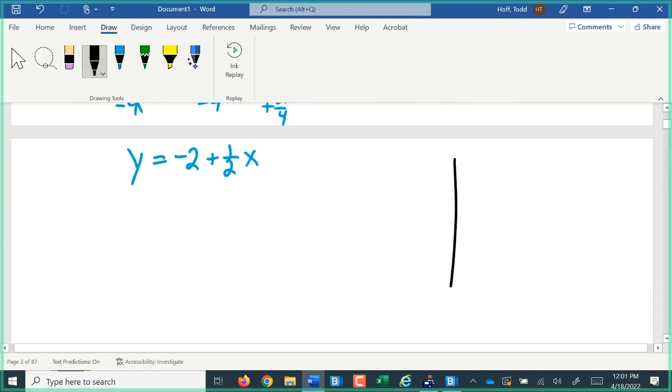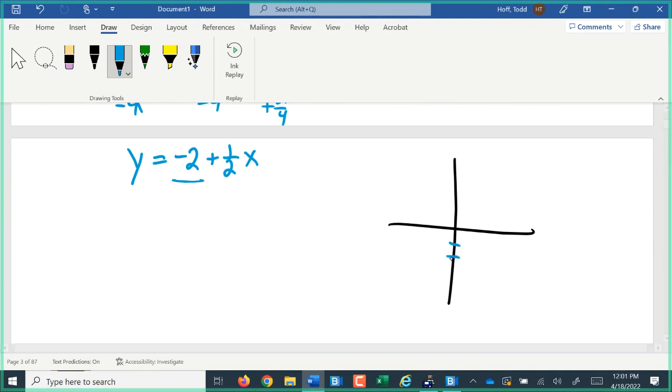So when we go to graph that, we start at a y-intercept of negative 2. That's our first point. Then we rise 1 and run 2. Since those points are so close together, we'll do that again. Rise 1 and run 2. So there's our line.